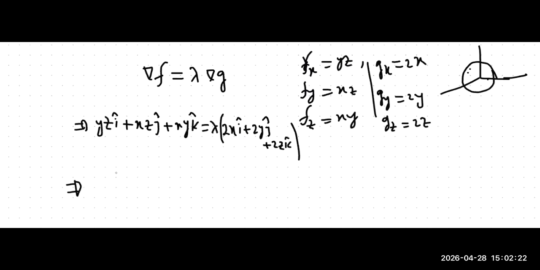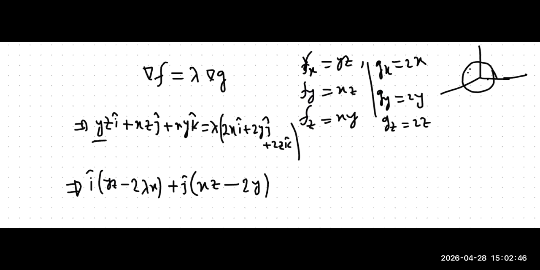So coefficient of i from left hand side, this is y times z. From the right hand side, 2 lambda x. Plus coefficient of j cap, xz minus from the right hand side twice y, and coefficient of k cap, xy minus 2z.